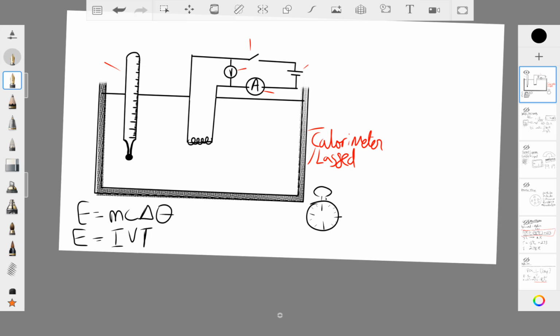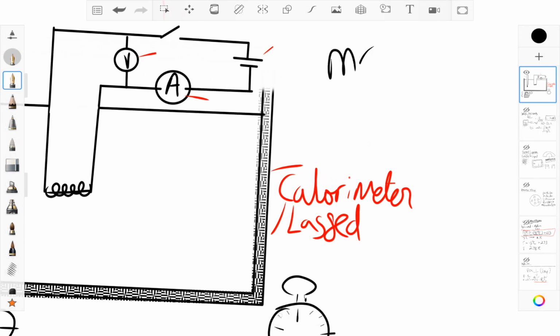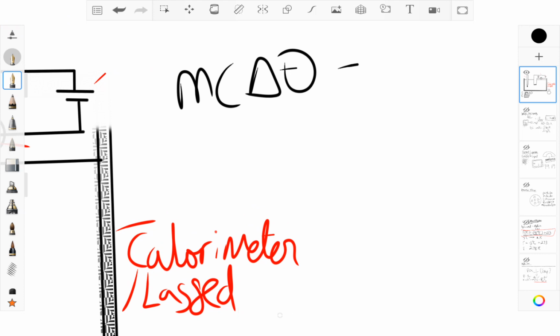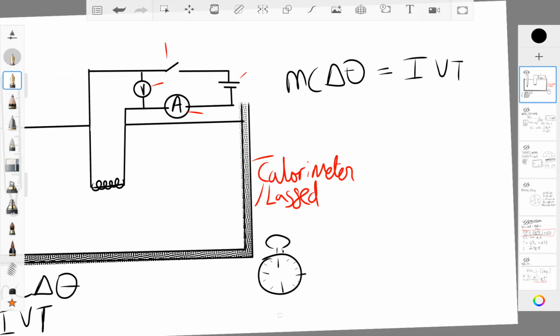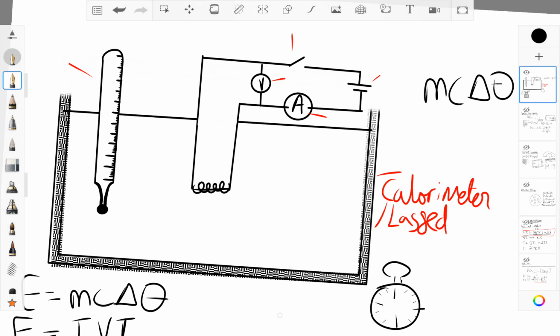Now, because energy is the same regardless of its form, you can say that mcθ is equal to IVt. Before we get any further, let me just explain what's going on here. Basically, we have a circuit. This is our circuit that's heating up this water.